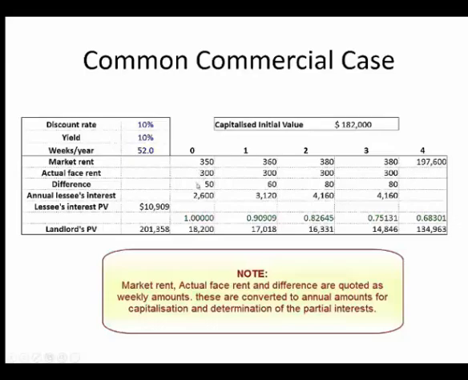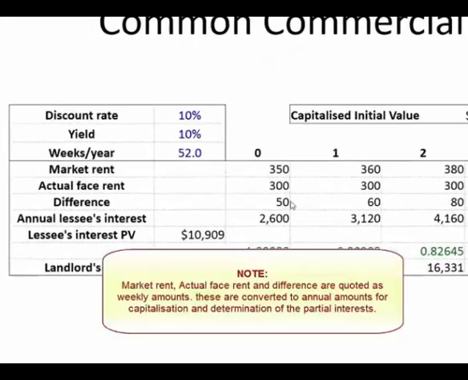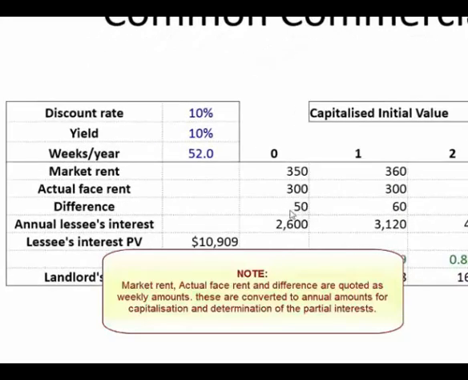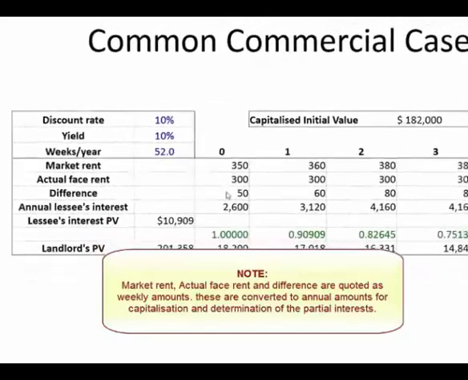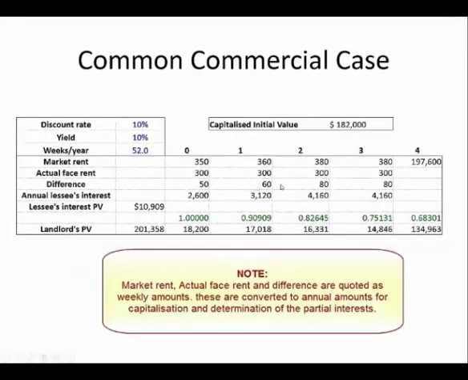What do we have then? Well, we have a lessee's interest of $50 per week. As we come into this analysis, that's rising to $60 and then $80 over the remaining period of the lease. If we capitalise the property at present, we would normally capitalise it on the market rent and not on the face rent. And so capitalising the $350 at 10% should bring us in with the $182,000.